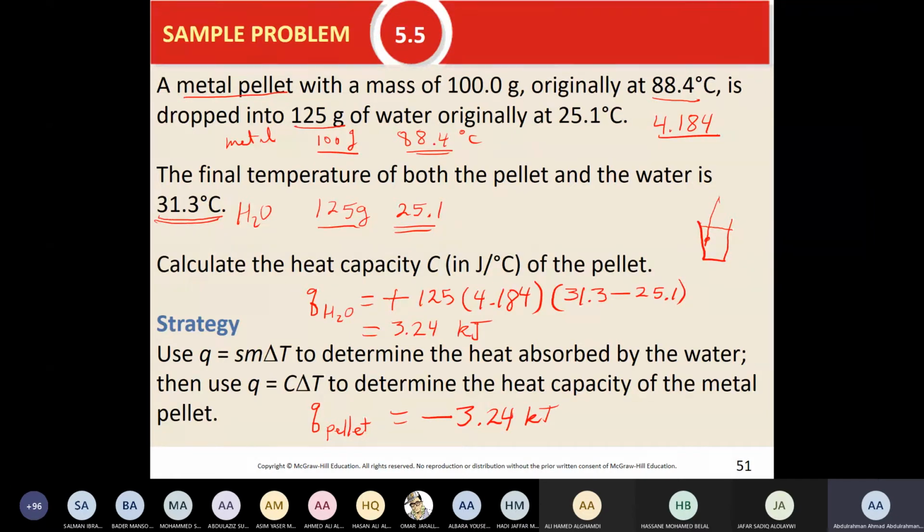Now, what is the specific heat of the billet? What should you do? 3,240 equal to what? I want to change it to joule.